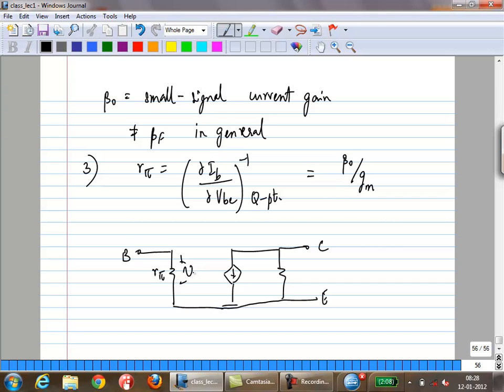So this is the small signal model of the bipolar, and it's the low frequency model. I think you've already studied the high frequency model with C pi with the capacitances. So we probably won't go into that right now.